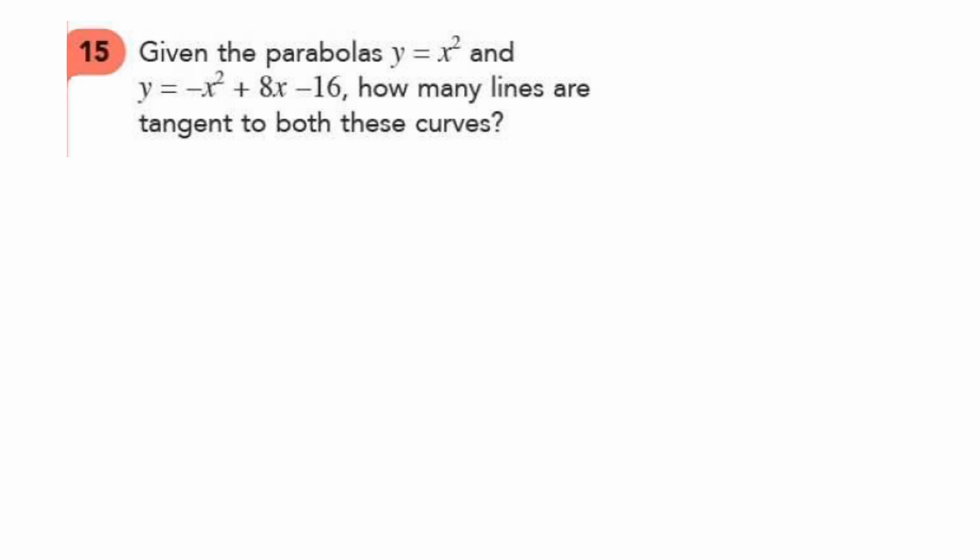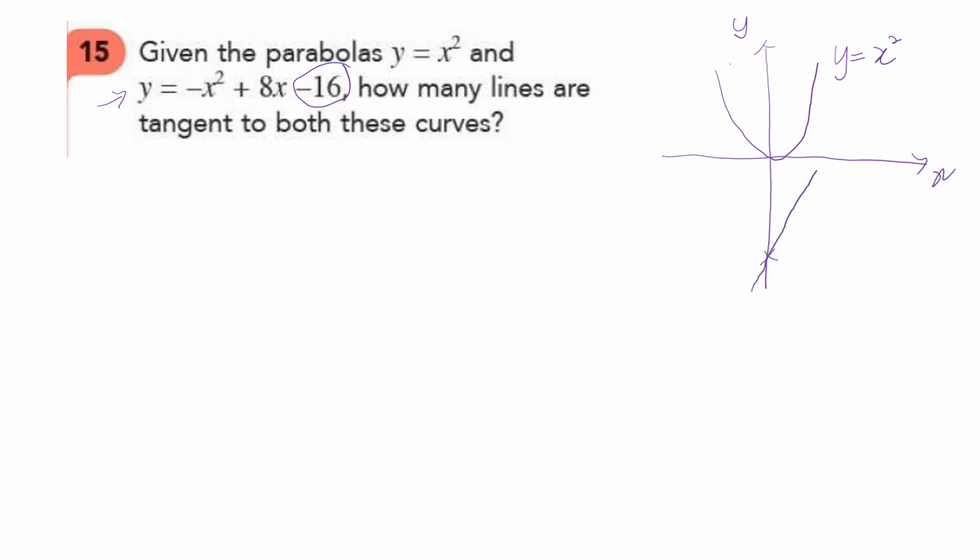What they're trying to say is, just to give an example, if you have y equals x squared, this is how the curve looks like. Then this one is an N-shaped curve. Don't have to explain again. The y-intercept is negative 16, so the curve will be like this.